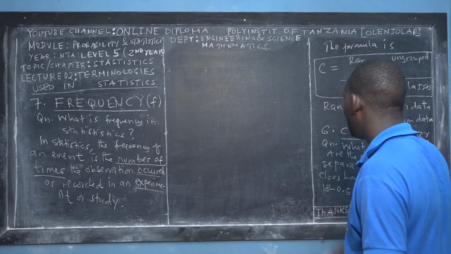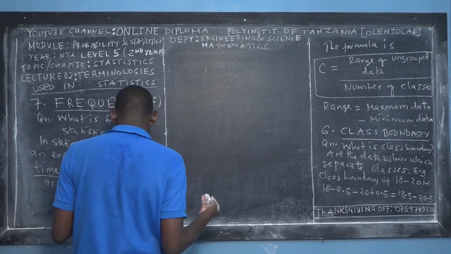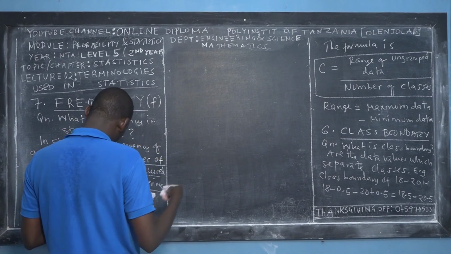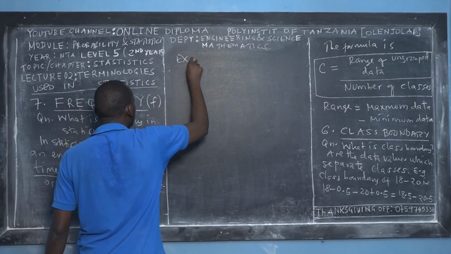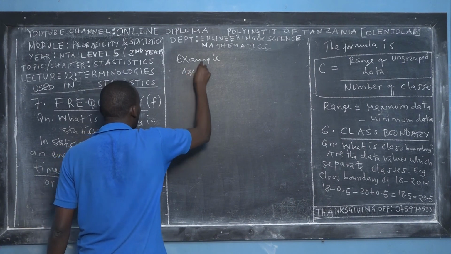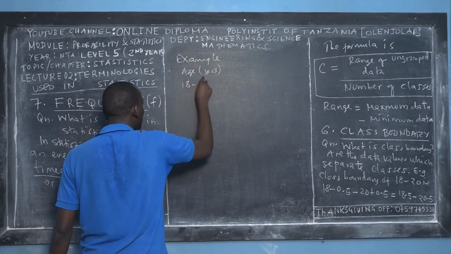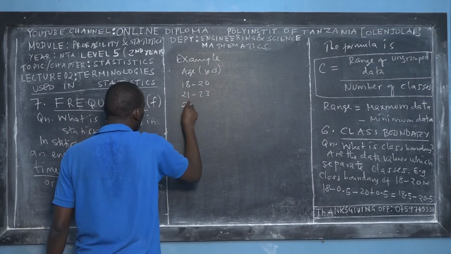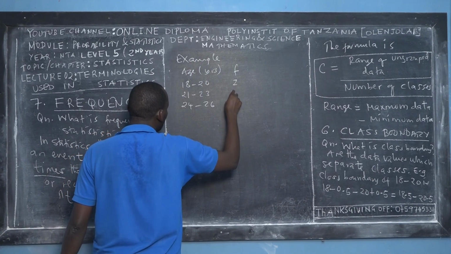Example frequencies I've already given you in grouped data. We see this terminology mostly in grouped data. For example, we have the ages of ordinary diploma students ranging from 18 to 20, then 21 to 23, then 24 to 26, and we had 60 students.